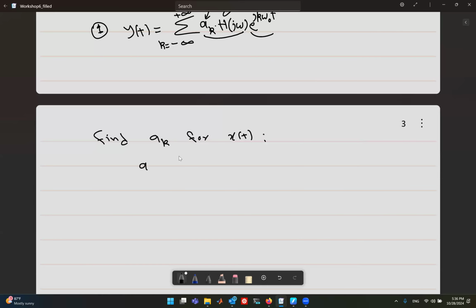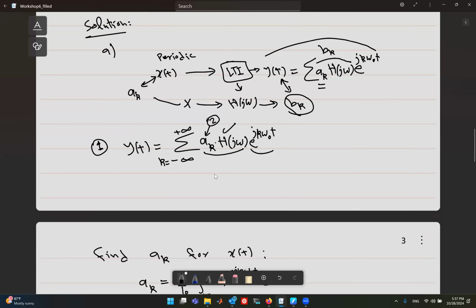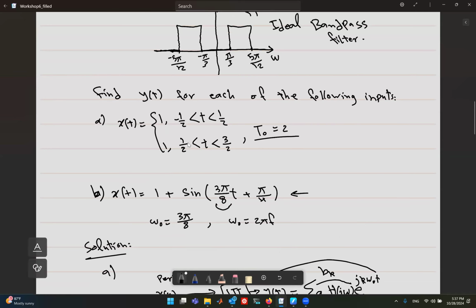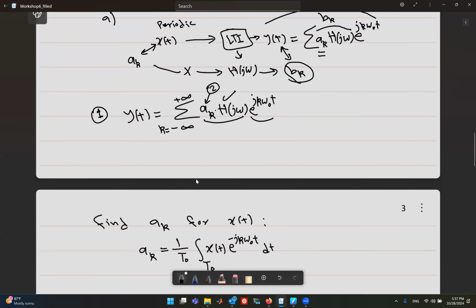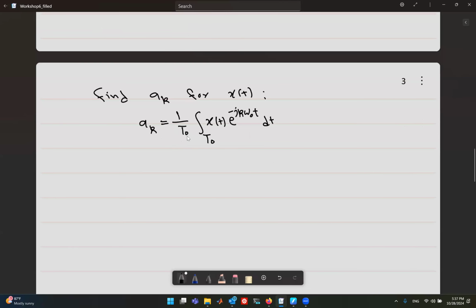And we have this analysis equation. ak is 1 divided by the fundamental period of the signal, times the integration over one period of the signal, xt exponential minus jk omega naught t dt. xt was given as just 1 between minus 1/2 and 3/2, so both of these branches are 1. Also the period is 2.